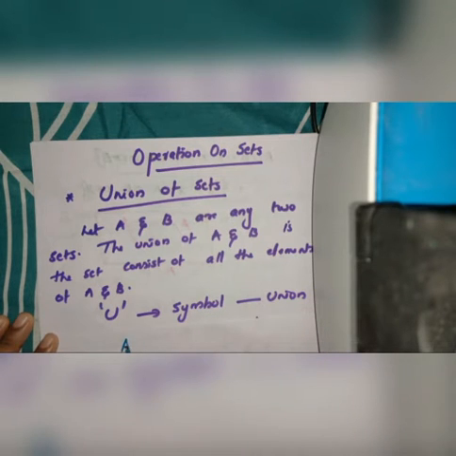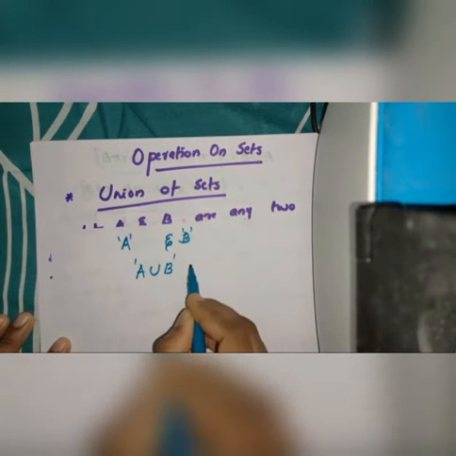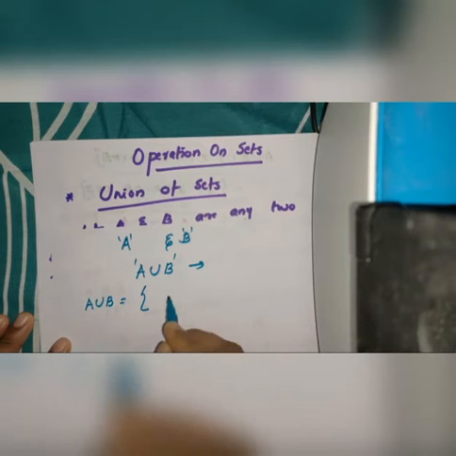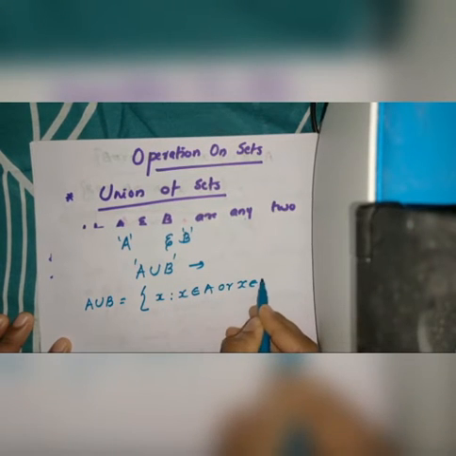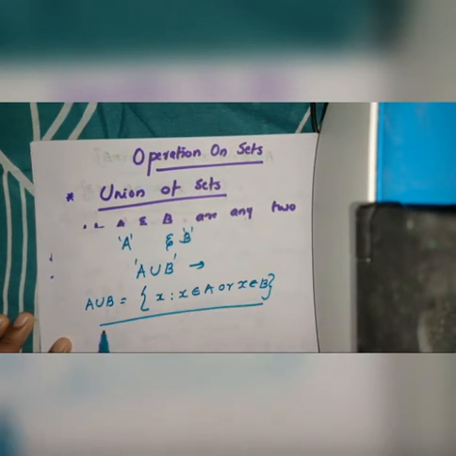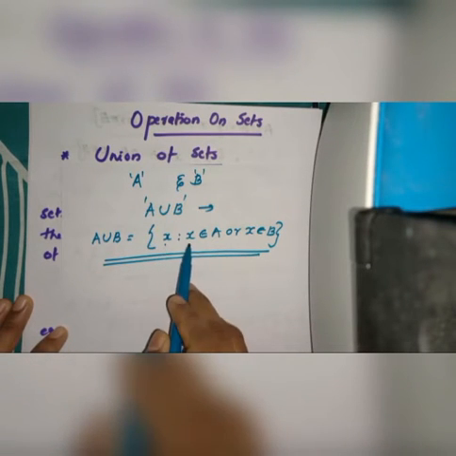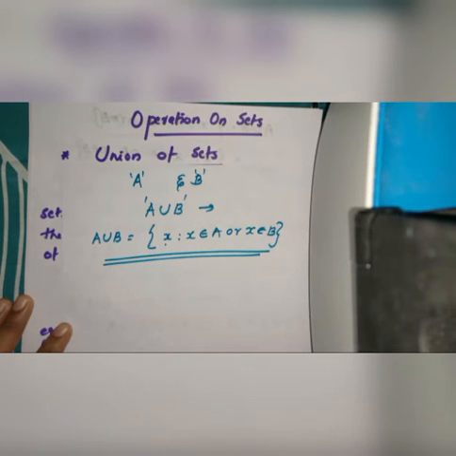Suppose A is a set and B is another set, then the union is denoted as A union B. This is the notation, read as A union B. The definition of A union B, in set builder form, is: for all elements x such that x belongs to A or x belongs to B. That means x belongs to either A or B, and it includes the common elements of both A and B.